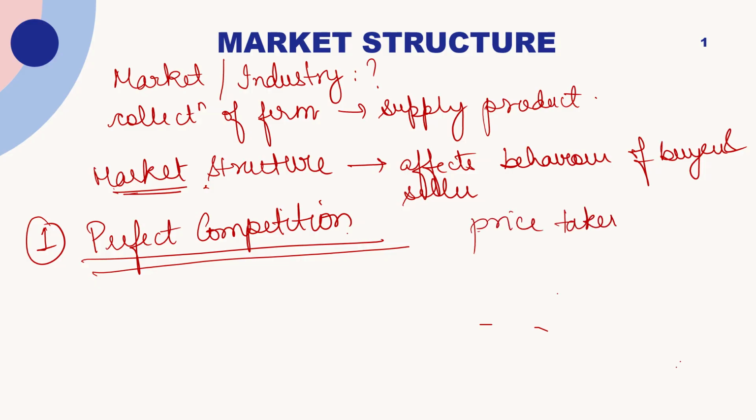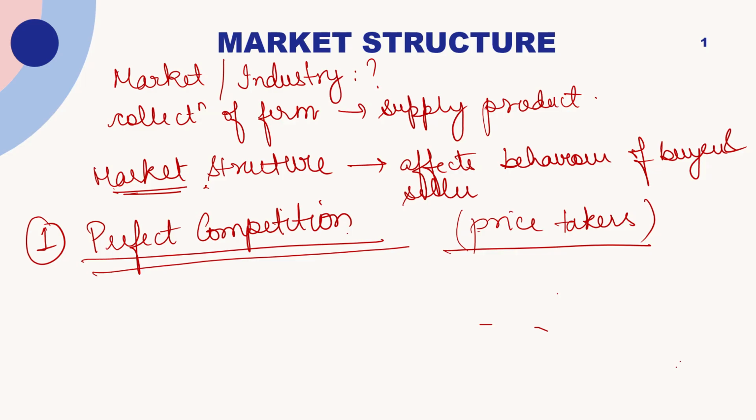By this I mean they have no pricing power. They are forced to sell at the fixed price. In this, there are large numbers of relatively small buyers and sellers. They have standardized products. They have very easy market entry and exit, and non-price competition is not possible.